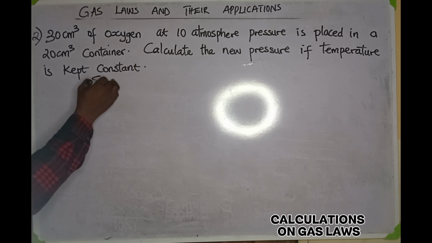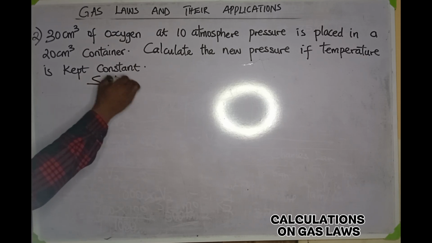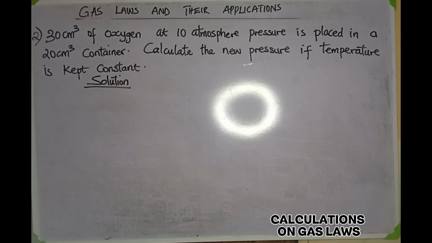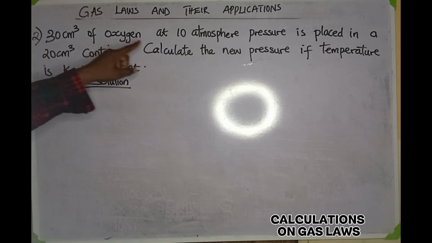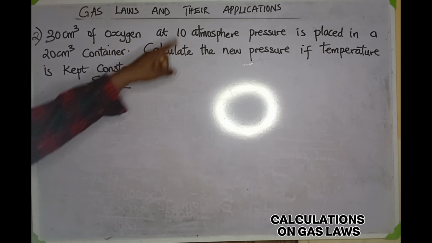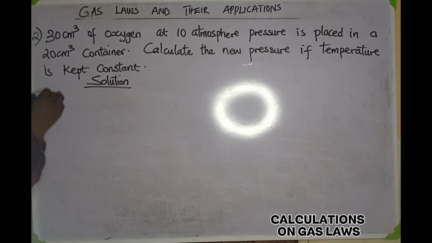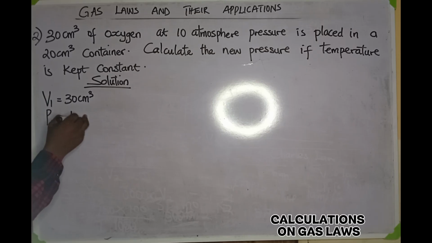Solution. Let's read. 30 cm cube of oxygen at a pressure of 10 atmospheres. So V1 is 30 cm cube and the pressure P1 is 10 atmospheres. It is placed in a 20 cm cube container.